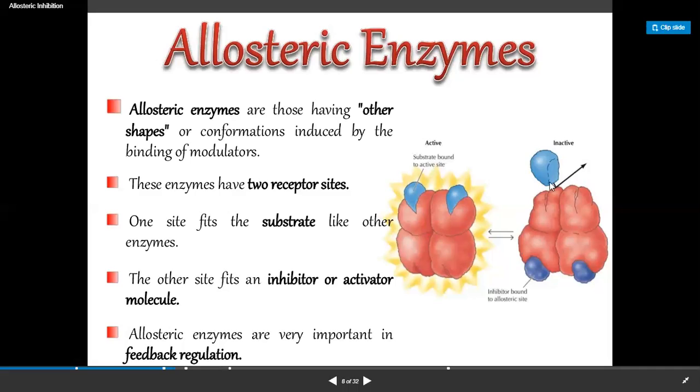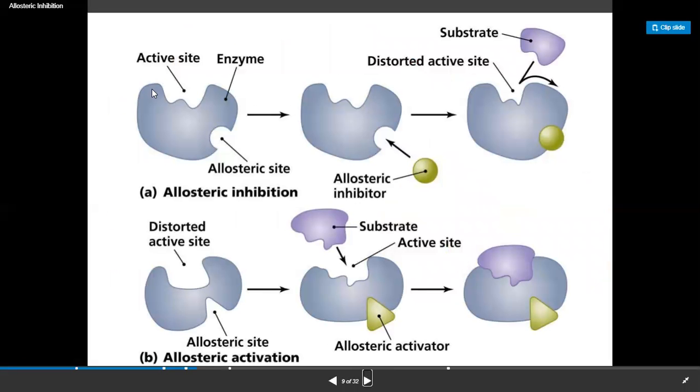So this is the site where an inhibitor is bound, and this is the site where a substrate is bound. Allosteric enzymes are very important in feedback regulation. This is the active site of the enzyme where the substrate will bind, and this is the allosteric site.